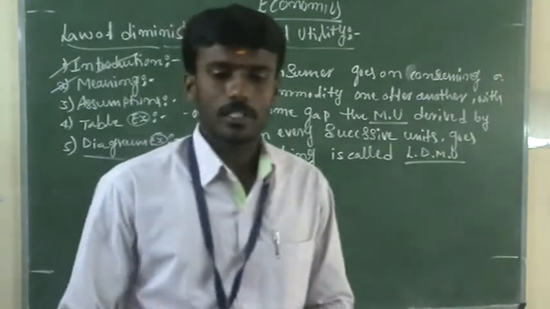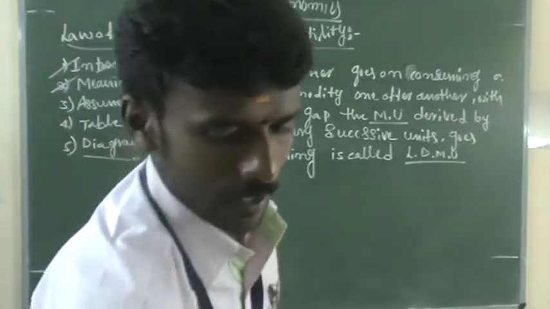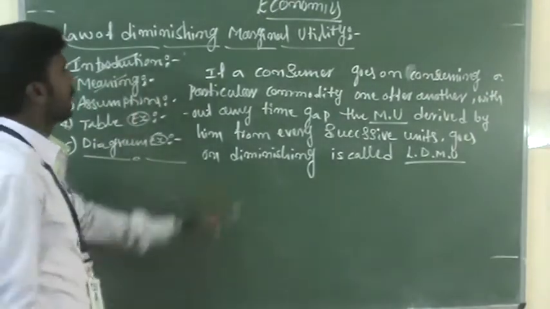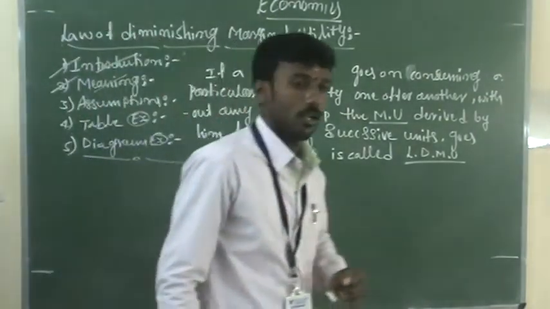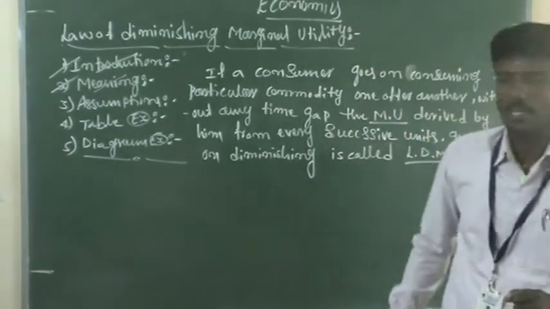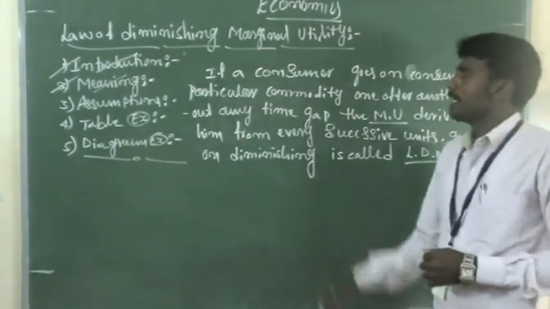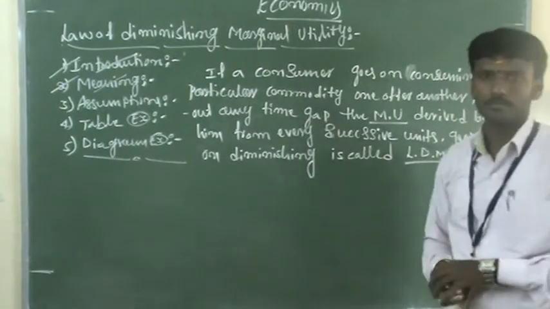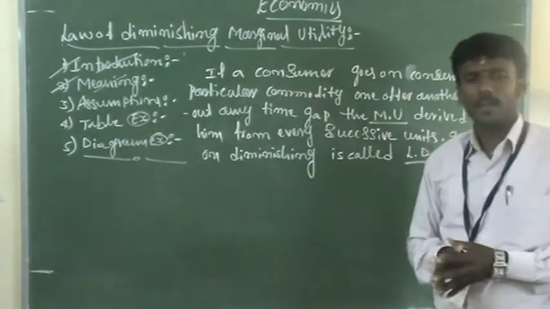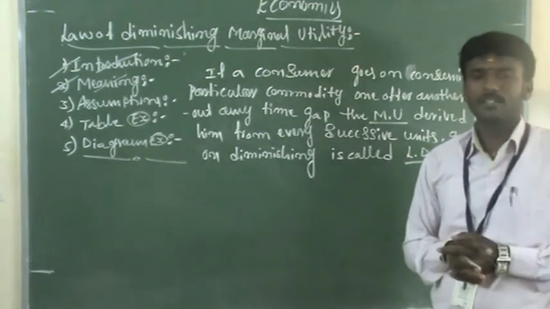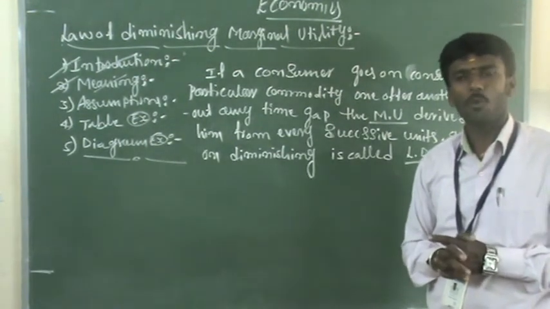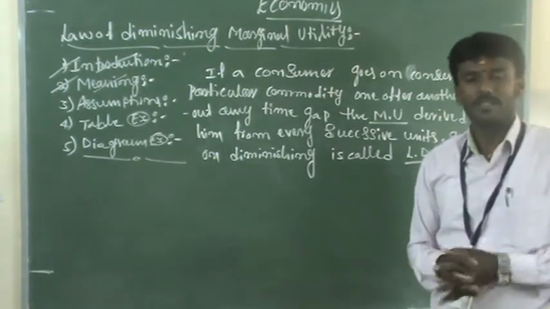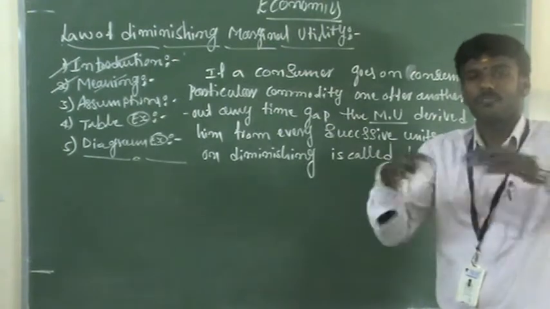See students, after the completion of introduction, the next sub-concept is already that. So now we are going to study what is the meaning of the LDMU or the law of diminishing marginal utility. See students, it is very simple. A consumer goes on consuming a particular commodity. So under this law, let us assume that a consumer is consuming only one type of commodity. Same commodity, not different commodities.